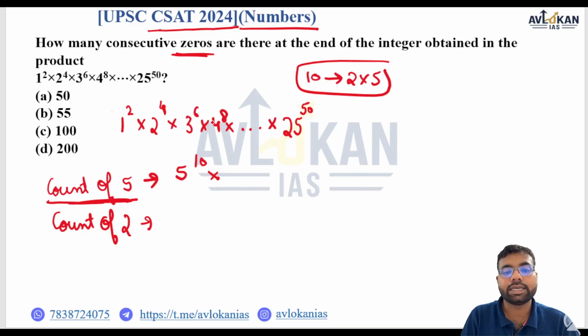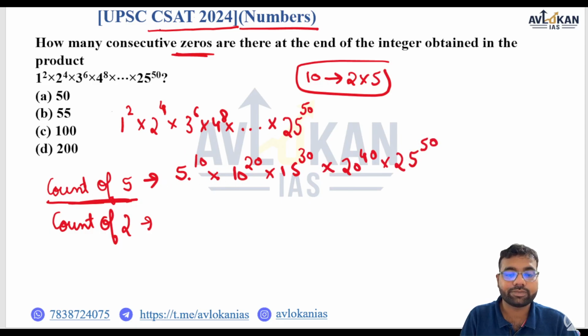Okay, next is 10 to the power 20, next is 15 to the power 30, next is 20 to the power 40, next is 25 to the power 50. यहाँ पे कितना है? 5 की 10, यहाँ पे भी एक 5 into 2 है, तो यहाँ पे +20, प्लस यहाँ पे 5 into 3, that means 5 की 30 powers, next 5 into 4, so 5 की 40 powers, 5 into 5, so this turns out to be 5 to the power 2 to the power 50, so this becomes 5 to the power 100.